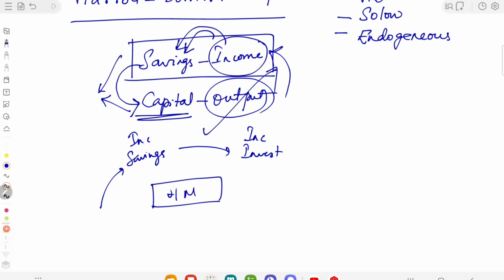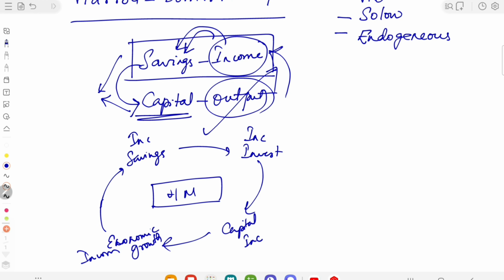If investments are increased, that means capital is increased. If capital is increased, it means we have economic growth, or income increases. If income increases, naturally savings increase. So this is one way in which you can pictorially represent this Harrod-Domar model.